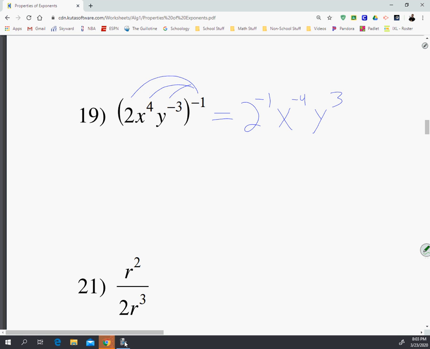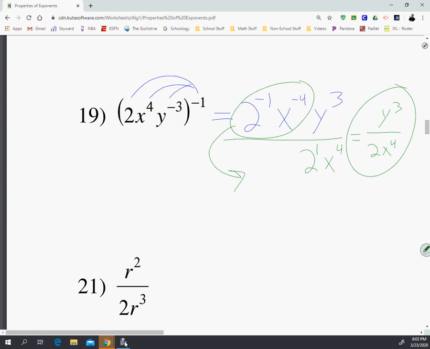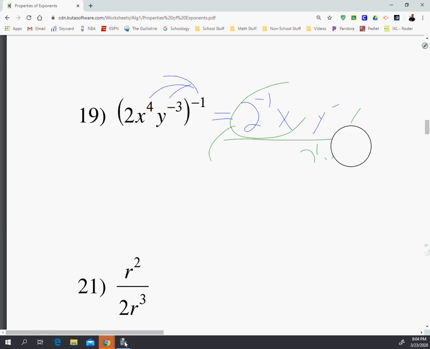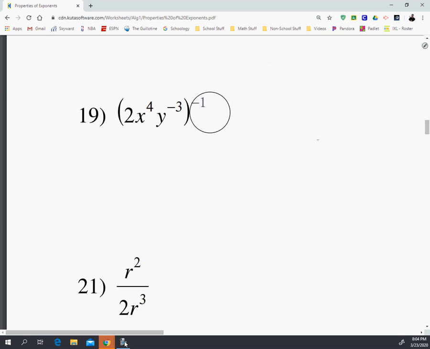Now, I don't like these two because they have negative exponents, so I'm going to take them and dump them on the bottom. It becomes 2 to the positive 1 and x to the positive 4. And so my final answer is y to the third over 2x to the fourth. Some complicated looking starts, but really it's just adding and moving stuff around until it gets to where we want it.